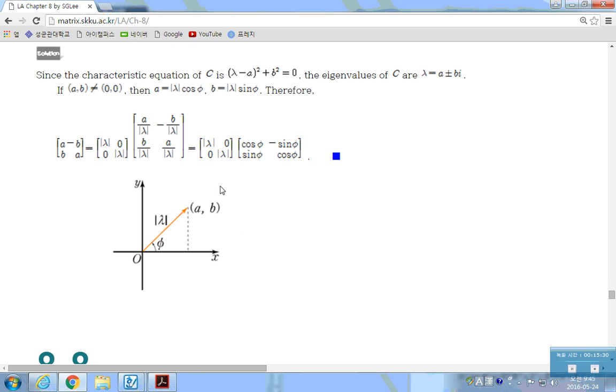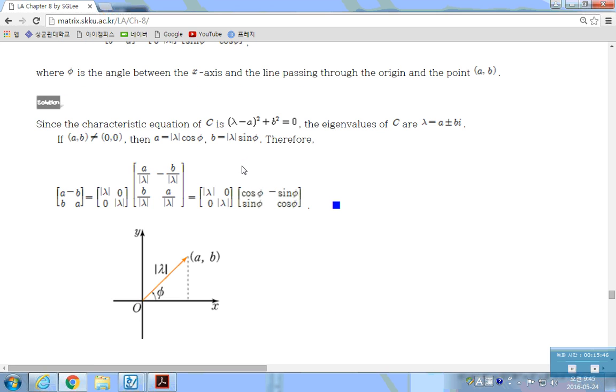So what that means is, when AB is a point whose angle is theta and this is the modulus, then with this we can rewrite this one in here. And this is just one example.